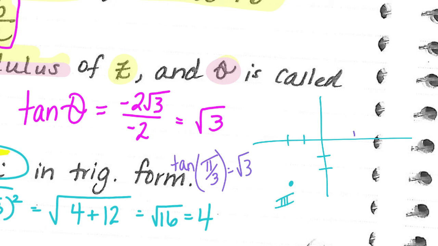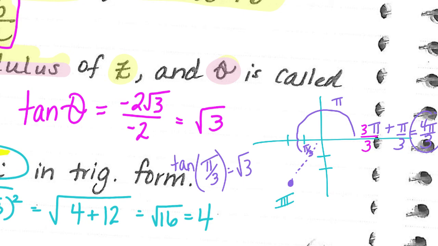So I know that I have to go the whole pi, and then I have to continue another pi over 3 to get to where this point would be. So if I take pi and add it to pi over 3, well, I know that this one is 3 pi over 3, and when I do add that, I do get 4 pi over 3.